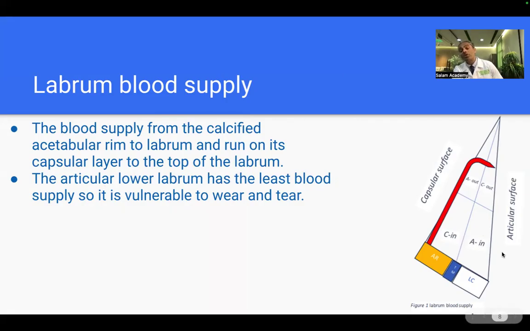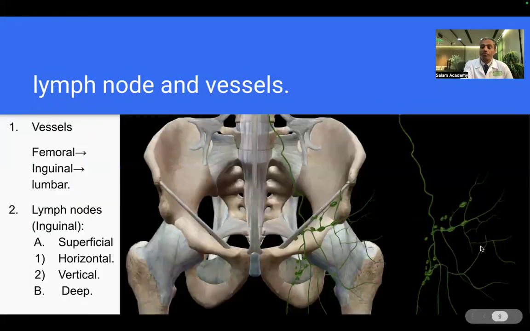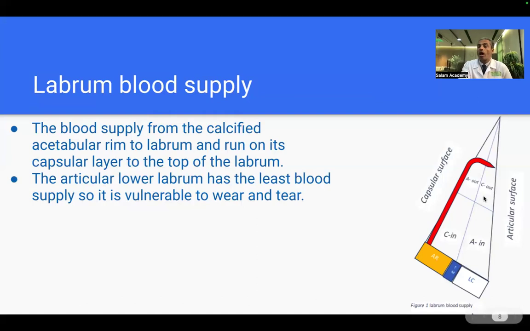This is the articular and inner side, because it takes its nourishment from the cartilage, from the synovial membrane, and from the synovial fluid, and also from the outer part of the labrum.